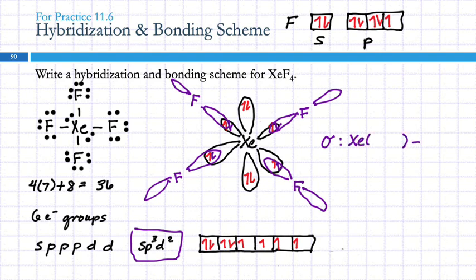So xenon and fluorine. And what orbital is xenon using? It's using one of these hybrid orbitals, right? So it's using sp3d2. And what orbital is fluorine using?